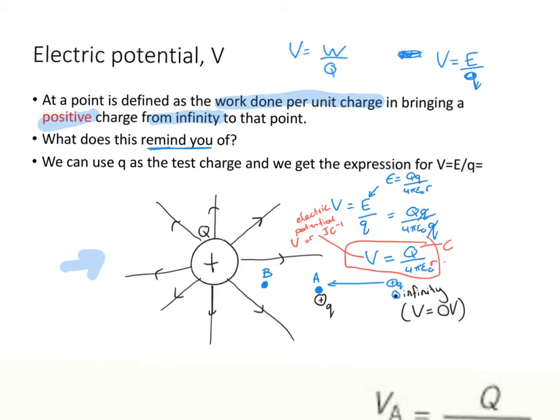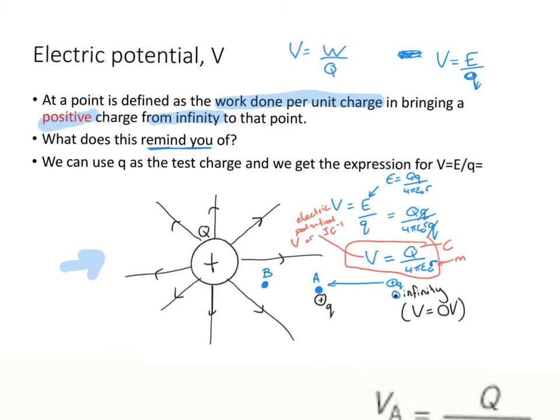Oh, sorry, I forgot the r. Q over 4 pi epsilon naught r. Forgot to add the r there. That's measured in meters. And we know that epsilon naught, the permittivity of free space, also has its own units. If you work through the units, you figure out that they come to either volts or joules per coulomb.